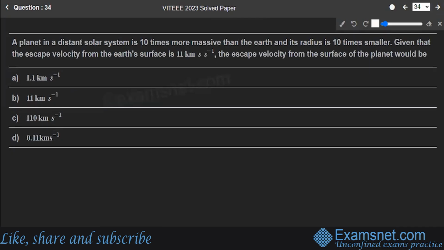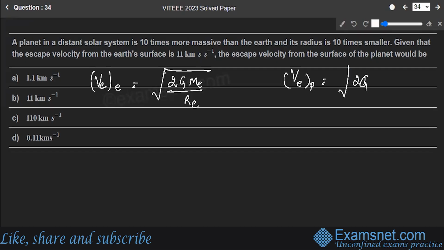A planet in a distant solar system is 10 times more massive than the Earth and its radius is 10 times smaller. Given that the escape velocity from the Earth's surface is this much, the escape velocity from the surface of the planet will be given by. You know that the escape velocity for the Earth is given by root of 2G mass of Earth divided by radius of Earth. Similarly, the escape velocity for the planet is given by root of 2G into mass of planet divided by the radius of the planet.